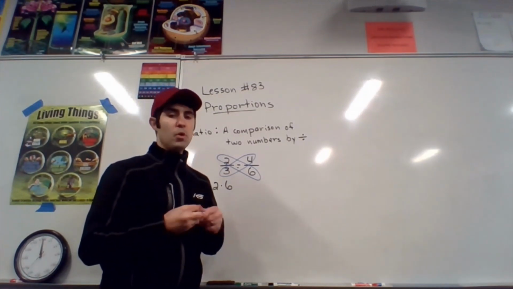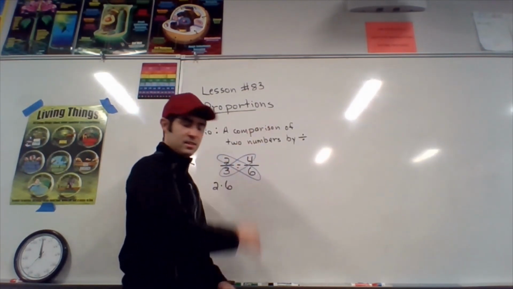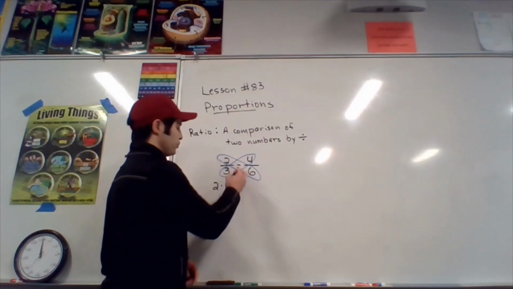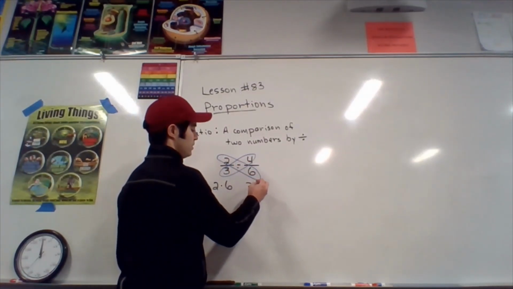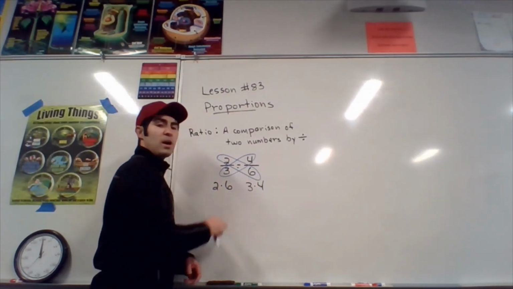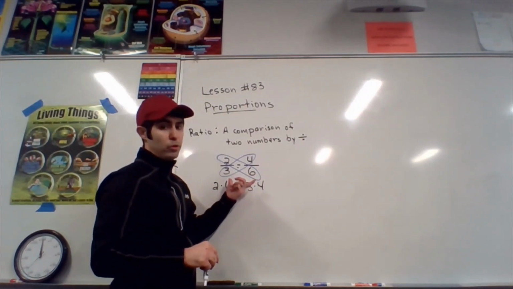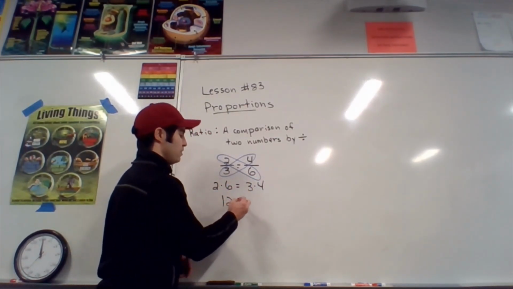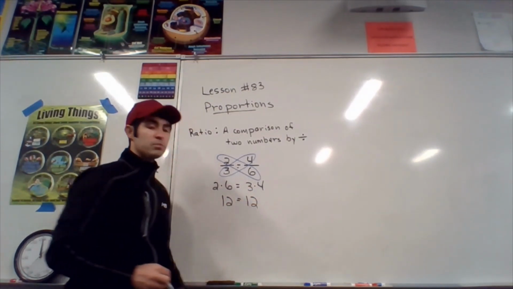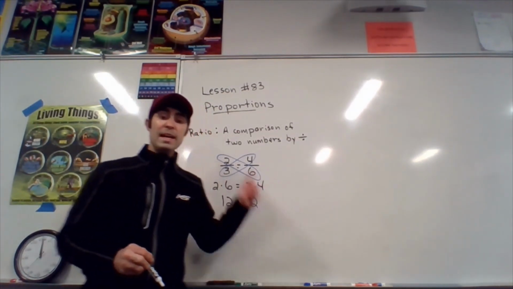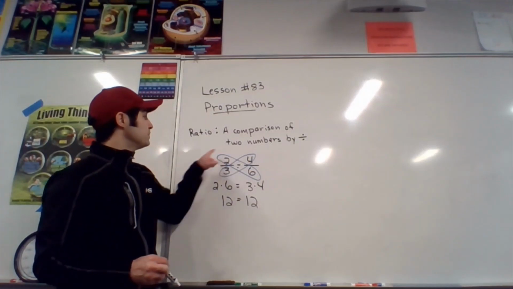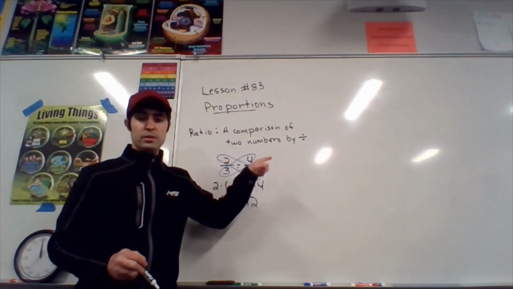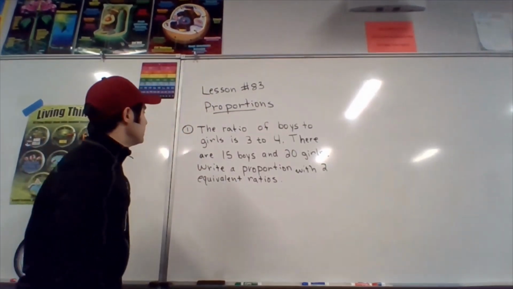It even looks like a multiplication sign, x, right? So 3 times 4, cross products of proportions are always equal. 2 times 6 is 12, 3 times 4 is 12. Cross products are always equal if it is a proportion.